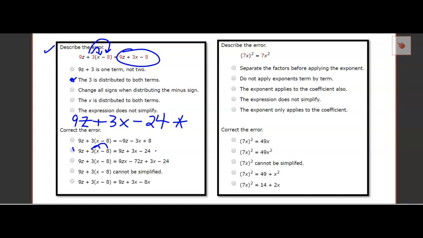That exponent of 2 applies to the 7 as well as the x. So (7x) squared would be 7 squared times x squared, which would give us 49x squared. So the exponent applies to the coefficient also. To fix that mistake, the answer would be 49x squared.